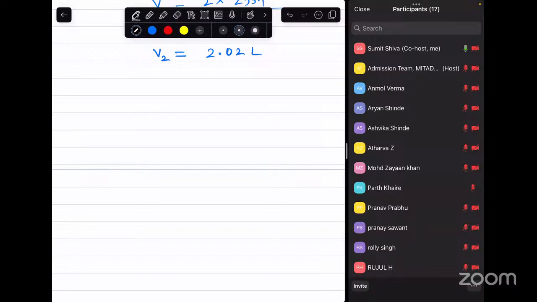Have we done another part of this chapter, like RMS speed, average speed? Yes or no? Did I give you the formula for that?